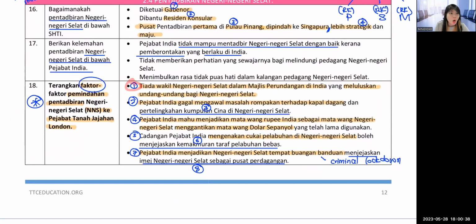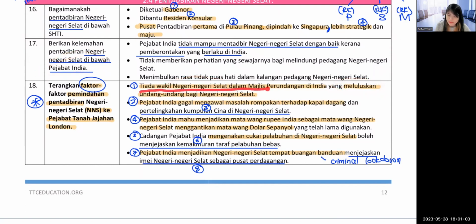First, because when negeri-negeri Selat make decision for their law in India, no representative from negeri-negeri Selat are allowed to enter. And the law approved is by Pejabat India, not negeri-negeri Selat themselves.